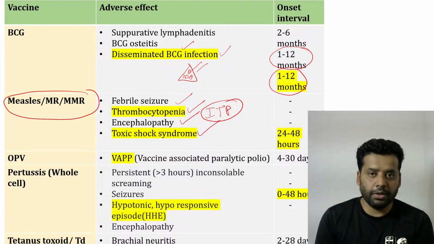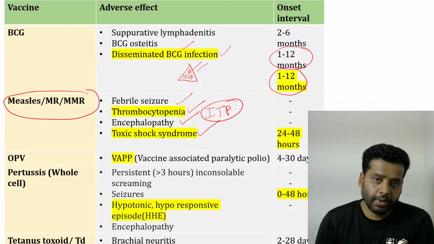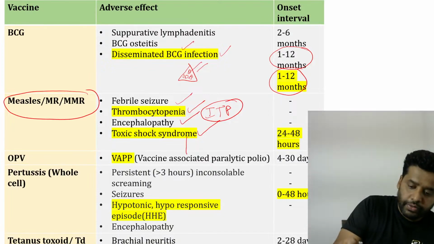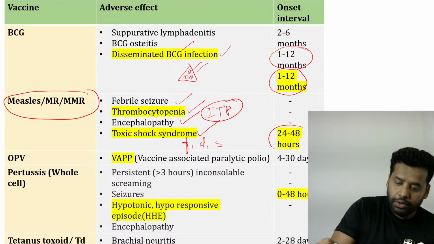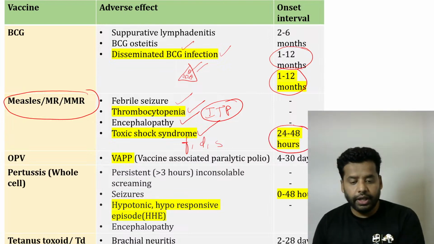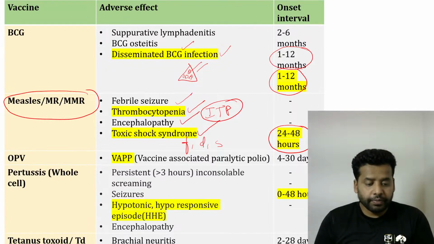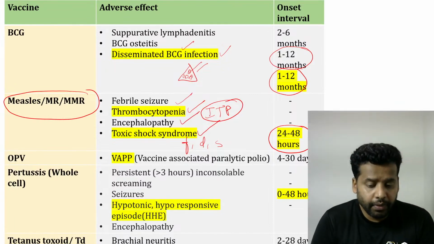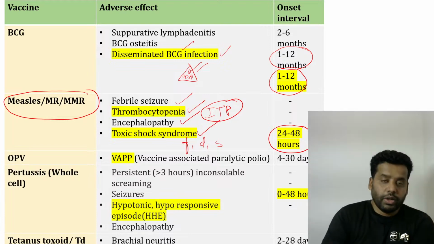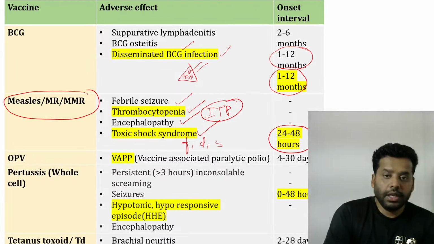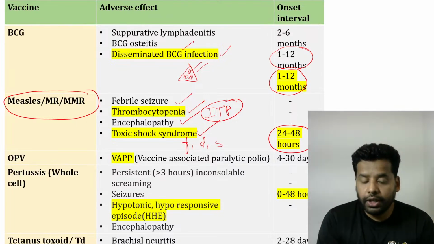Toxic shock syndrome, how does it present? It will present as fever, diarrhea, shock. Death usually within 24 to 48 hours. If they give this question, you are going to a village, you are giving one vaccine. After that, there is a cluster of children complaining of fever, diarrhea, shock.